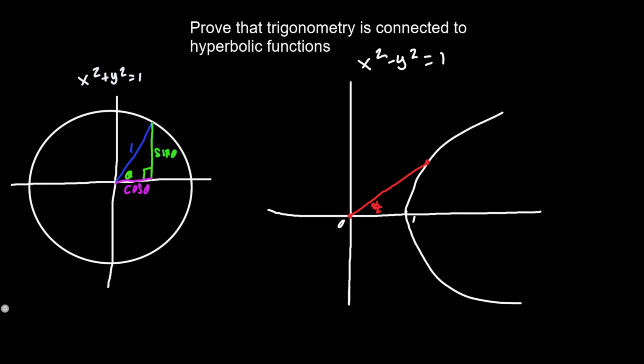So you saw how alpha over 2 kind of related to the area of this sector right here as theta over 2. Yeah, it has the same angle, right? Because if we go ahead and just try to make a right triangle and say, okay, this is sinh of alpha over 2 and whatever.